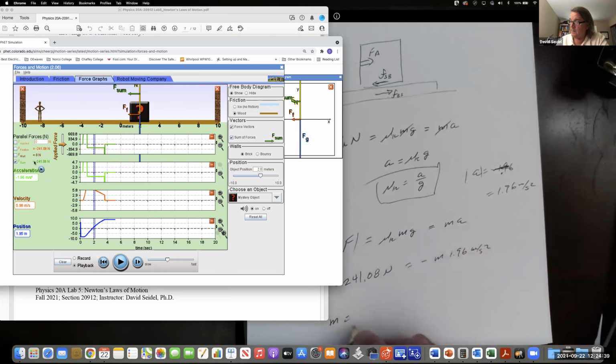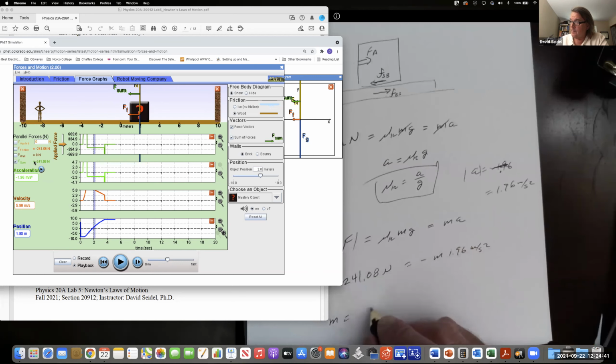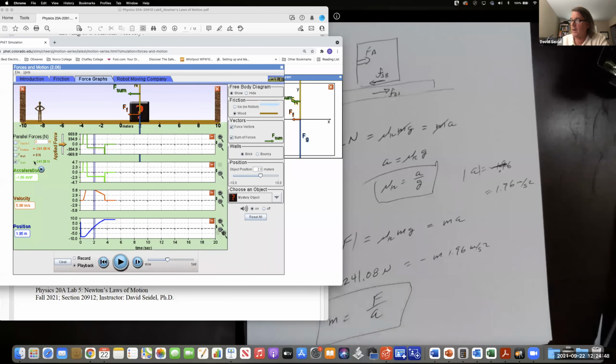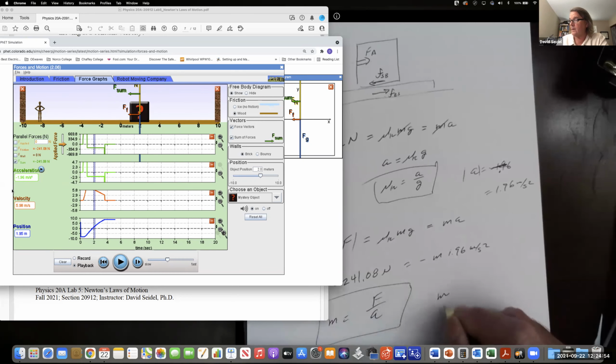So m equals just F over A. You have the values. This is the sum of the force and A. So I can get m really readily.